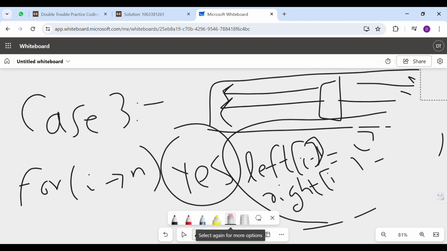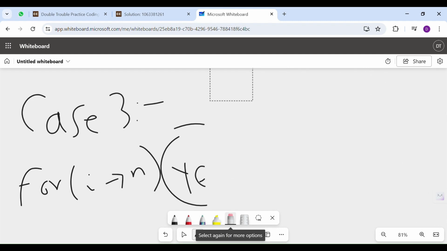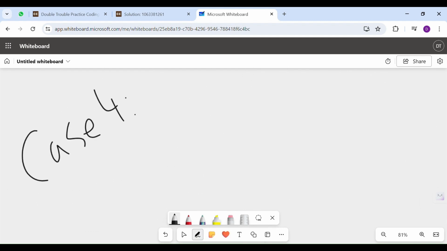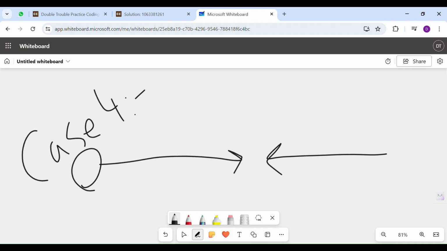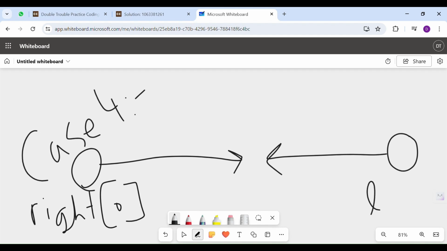And now case 4, my last case. The fourth case is like this: you are going right from 0 and left from n minus 1. So you are calculating right of 0 and left of n minus 1.